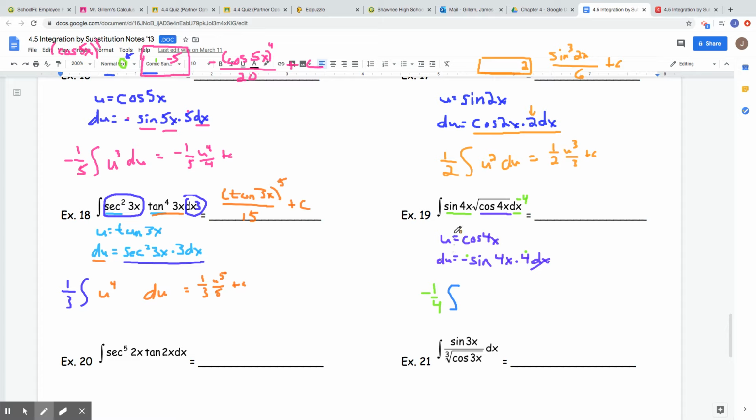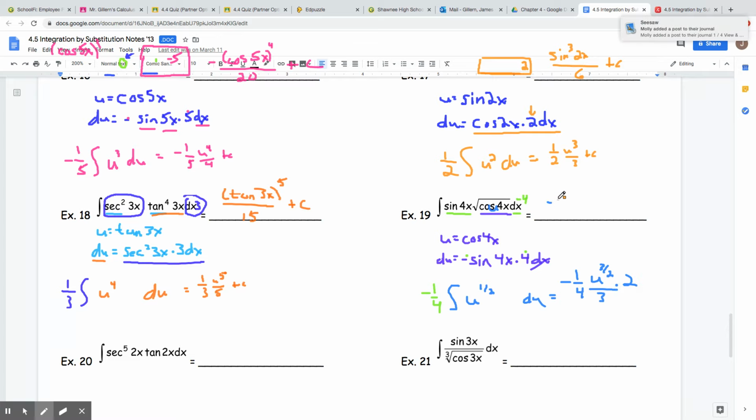So this and that are all my du. Now, the square root, this is u. The square root of u is just u to the 1/2. So I integrate that. Negative 1/4 u to the 3/2. Take the reciprocal, so 3 goes on the bottom, the 2 is on top.